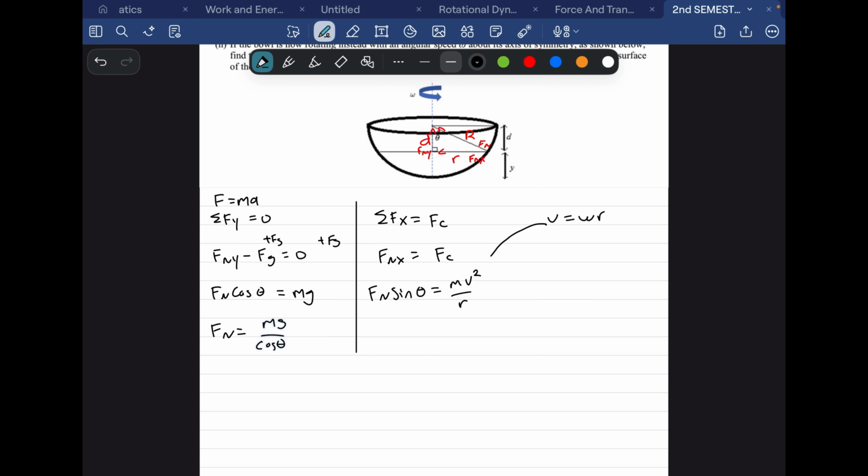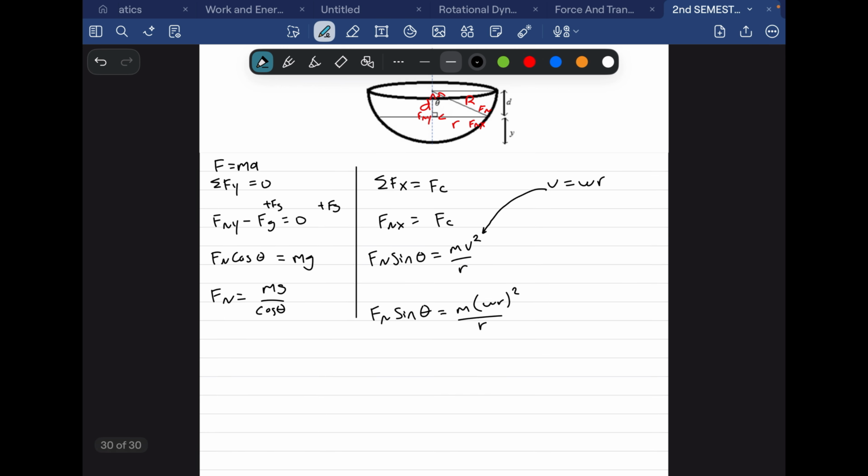But then we know that v is equal to omega r, right? So we'll plug that into v. So Fn sine theta is equal to m omega lowercase r squared over r. Then Fn sine theta is equal to m omega squared r squared over r. One of the r cancels out, leaving you with this.